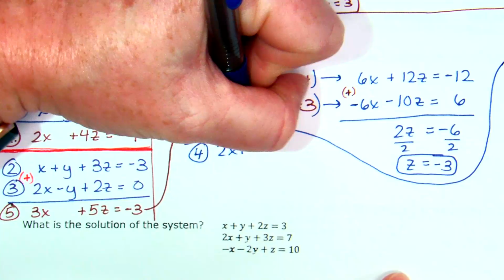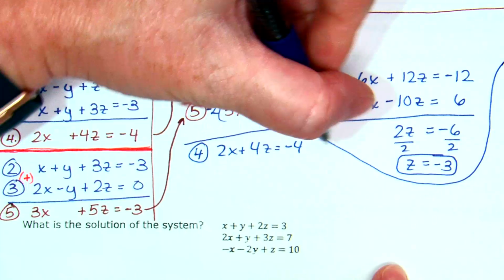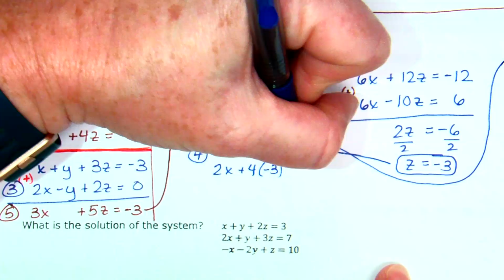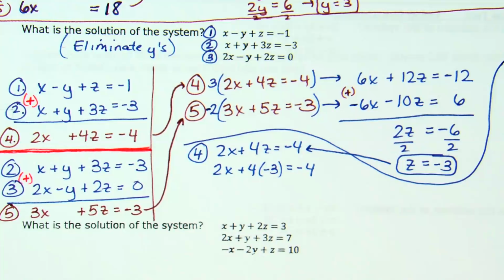So if I write down equation 4, it's 2x plus 4z equals negative 4. And I'm going to put z into that, correct? So 2x plus 4 times negative 3 equals negative 4. Yes?